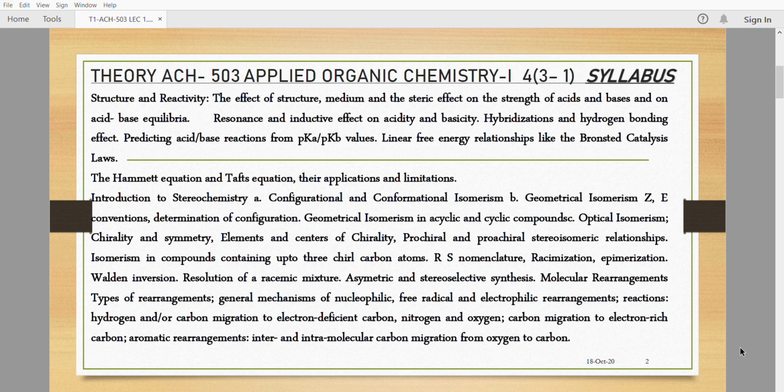Those students who are intelligent or have good vision can understand, but the majority of students like us are unable to understand it clearly until and unless they see models. Then they will be able to understand what is tetrahedral geometry, because trigonal, which is sp2 hybridized, is planar, so it could be drawn on paper or whiteboard.